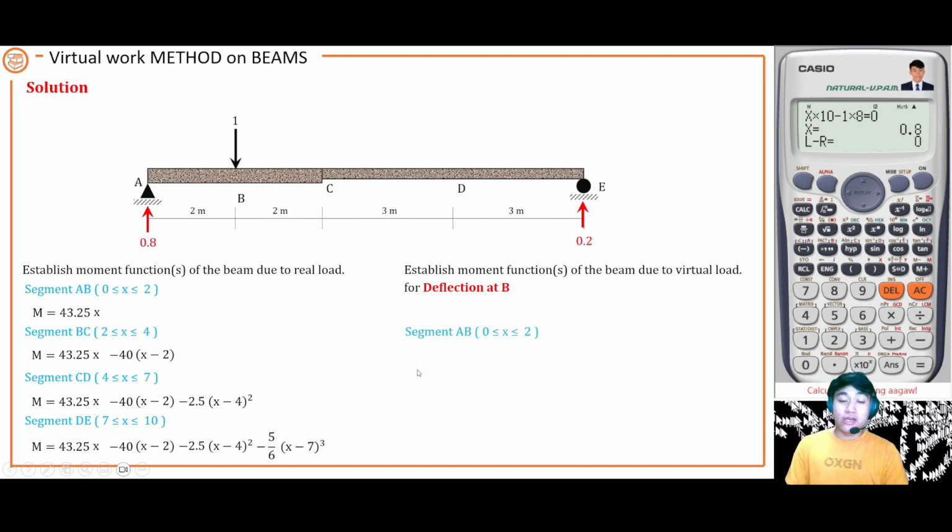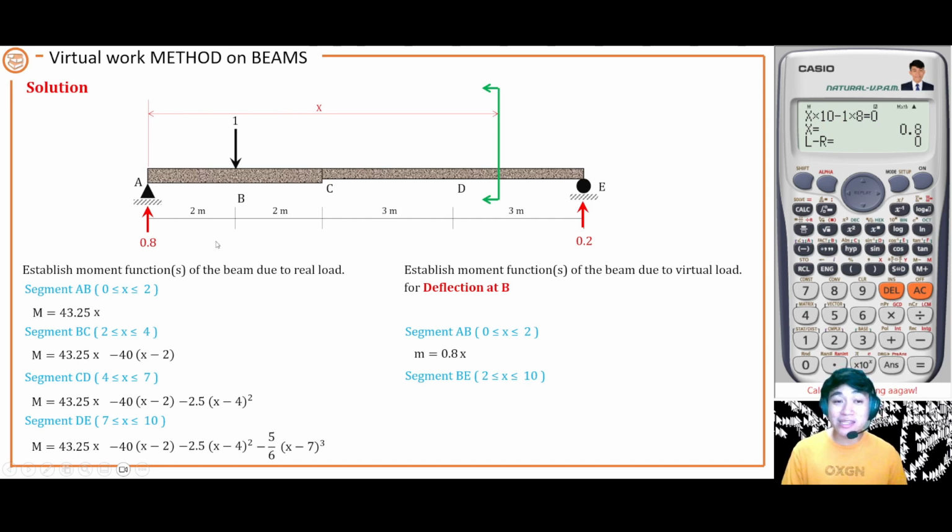Let's form the moment function for segment AB. Let's cut the section at segment AB. Take note that the value of x here is only limited from 0 to 2. Taking the moment about the cutting section, we have 0.8 times the distance x, positive moment. Next, let's move the cutting section to segment BE, meaning this will be applicable for BC, CD, and DE.